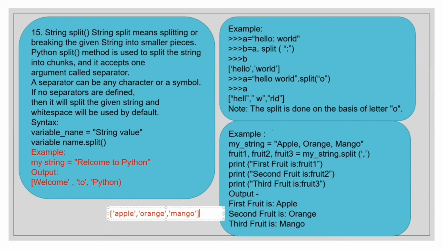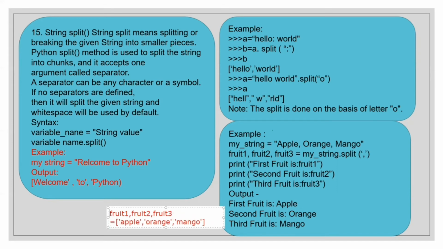This is a list, and I have specified fruit1, fruit2, fruit3 is equal to this.